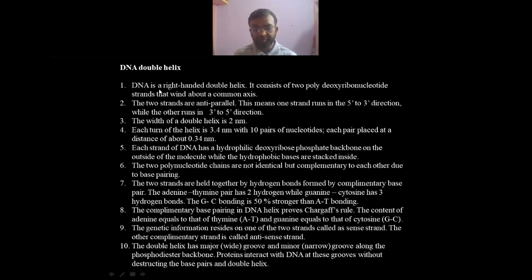Histone proteins are interacting. But always keep in mind that whenever proteins interact, they never disturb the base pairs. The base pairs and backbone are intact. But for the binding of proteins, the major groove and minor groove are important.